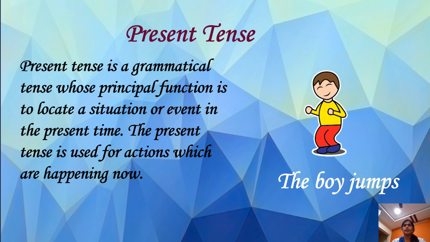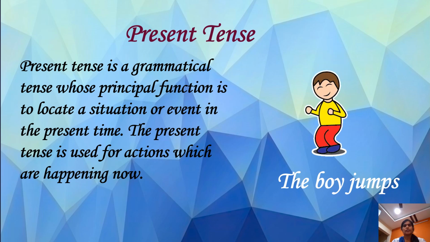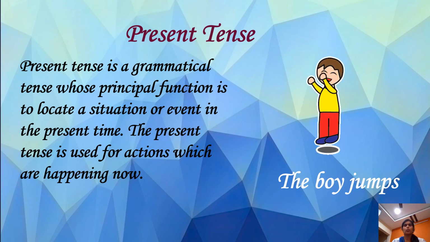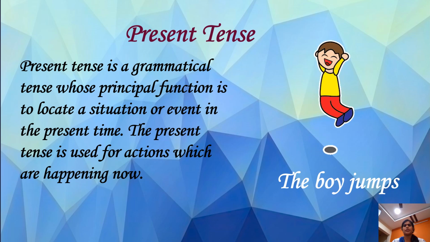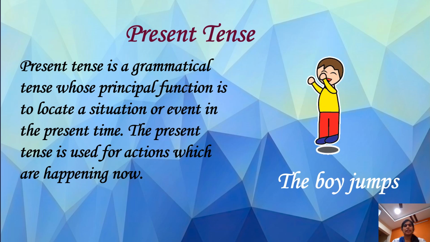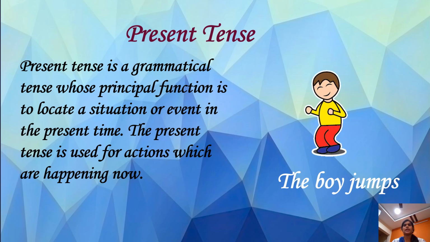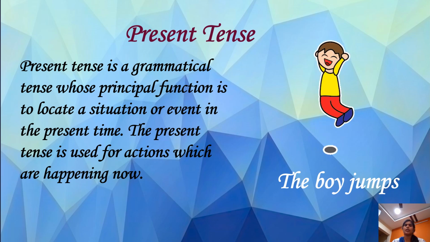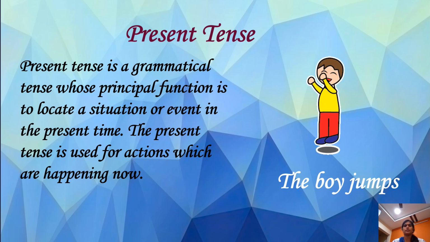So, children, the actions or the events which are going on at present are known as present tense. For example, the boy jumps, the boy eats, Sita sleeps, teacher teaches. So all these actions which are happening at present are called present tense verbs.